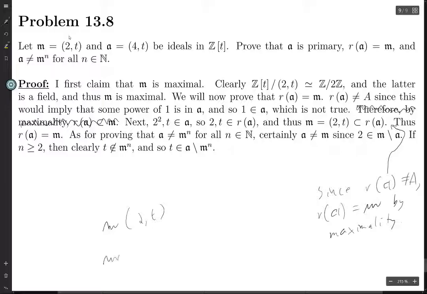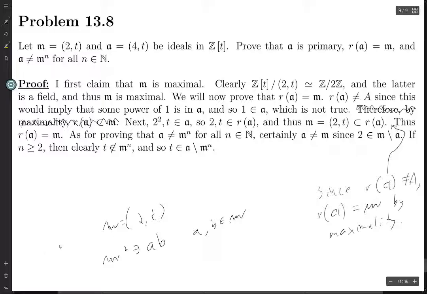But if you look at m squared, then this could be generated by, well, you have to take two things in m and multiply them together. So this will contain some a times b, where a and b are both in m.